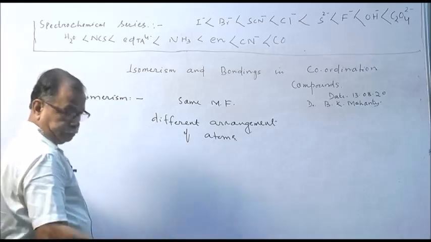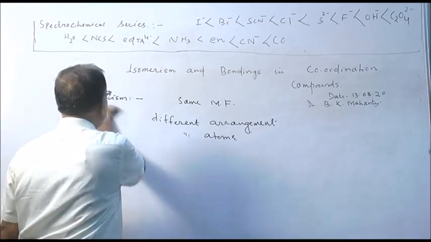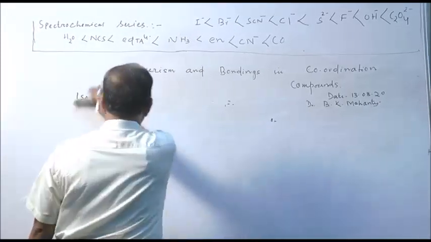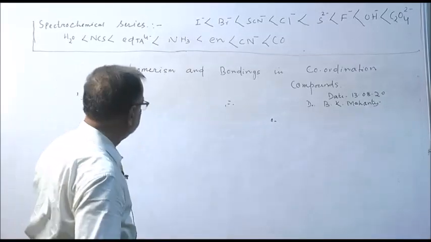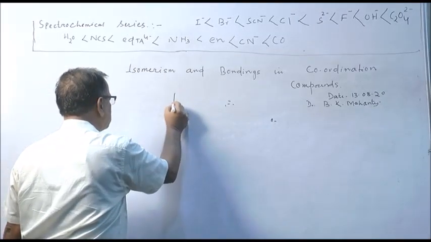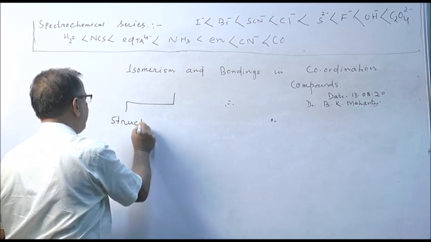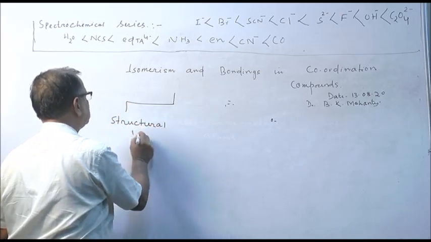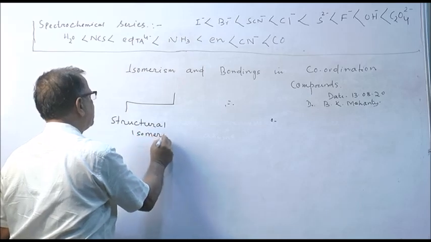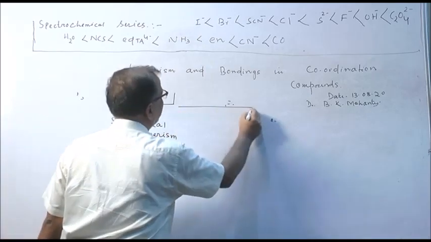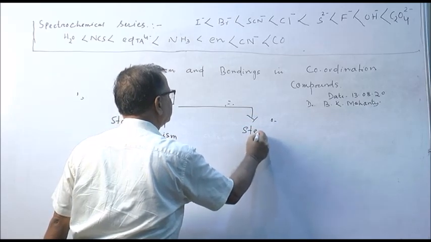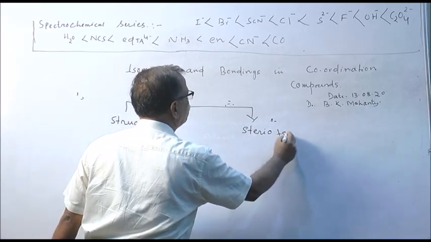There are different types of isomerism: structural isomerism and stereoisomerism, two main types in coordination compounds.